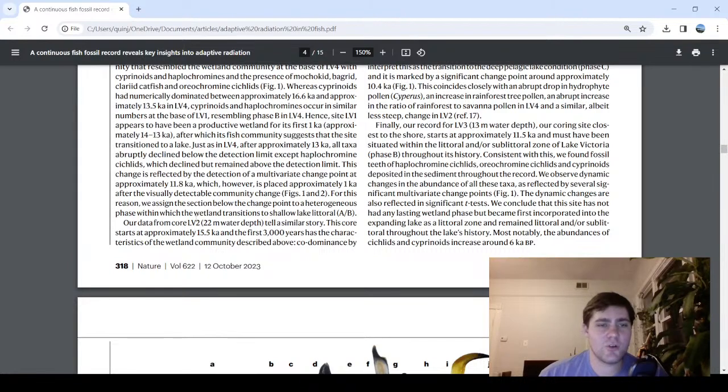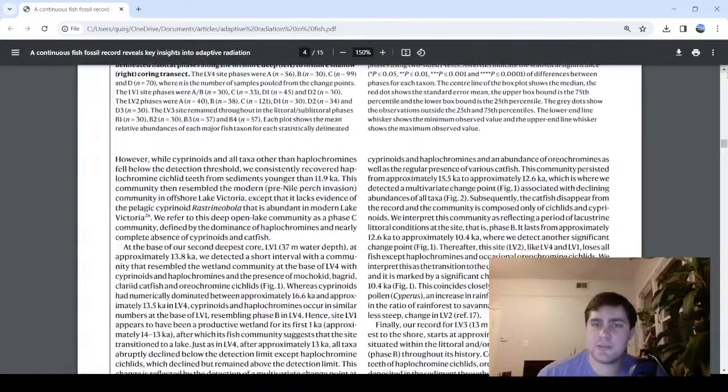Our data from core LV2 tells a similar story. This core starts approximately at 15.5 Ka, and the first 3,000 years have the characteristics of wetland communities described above: codominance of cyprinoids and haplochromines, and an abundance of oreochromines, as well as regular presence of various catfish.